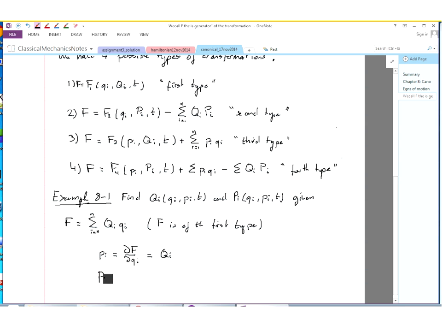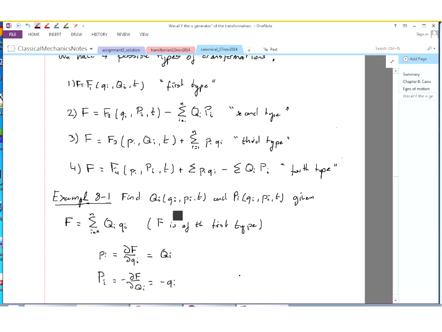And then big Pi, which is given by minus ∂f/∂Qi, that's going to be equal to minus qi.